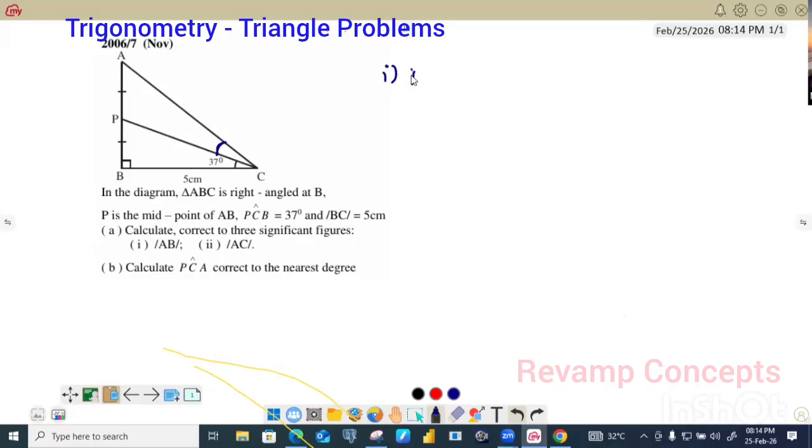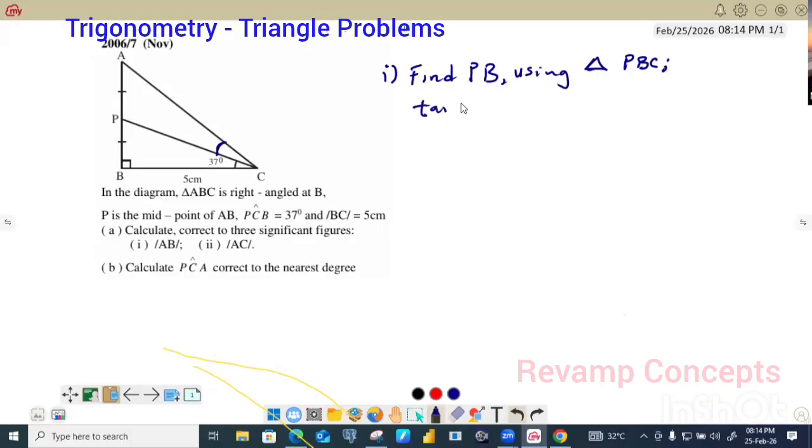Okay, line PB, and to find PB, you can find PB from this right-angled triangle PBC. Same triangle PBC. And in doing that, PB is the opposite to angle 37, while BC is adjacent.